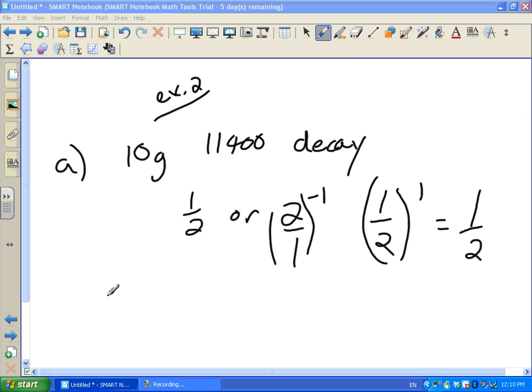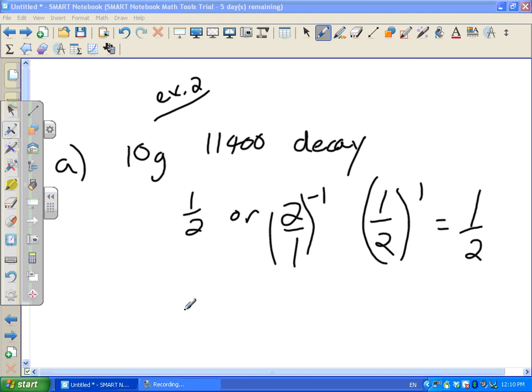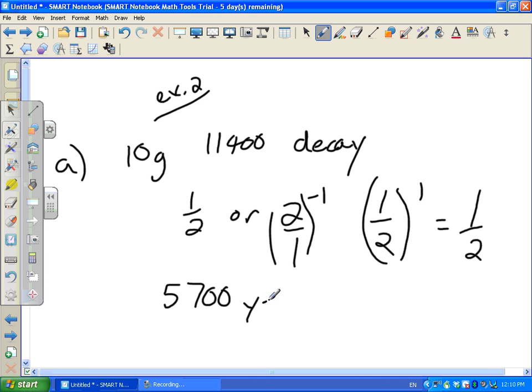Now the second part of the question we have to figure out is that it decays that much after only 5,700 years. How many cycles of 5,700 years are in 11,400? How would you find that? Divide it.